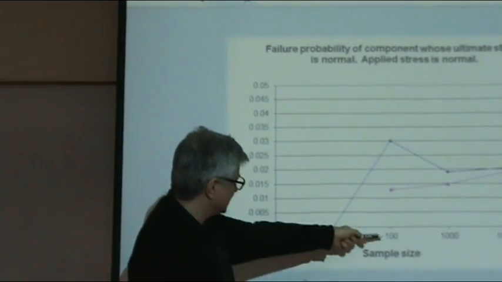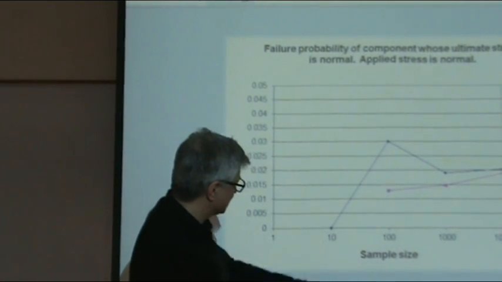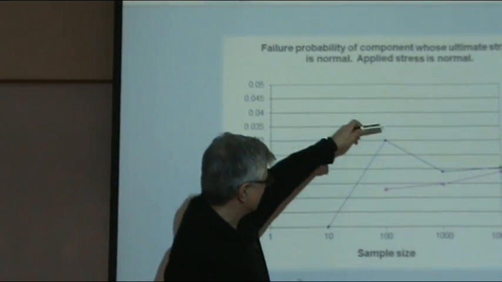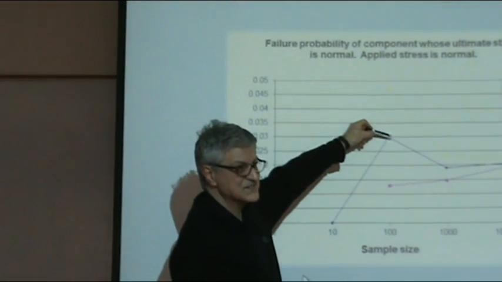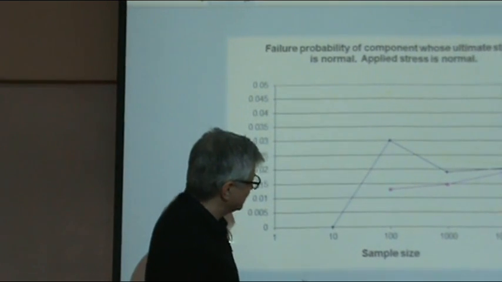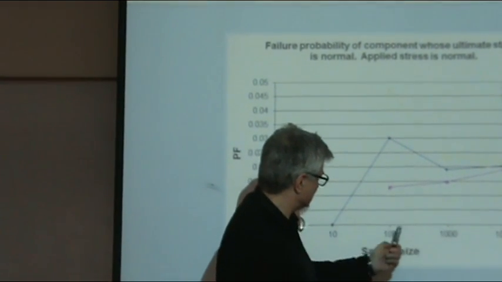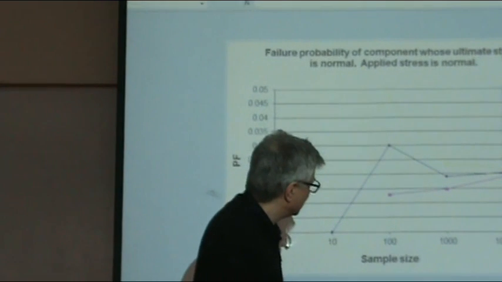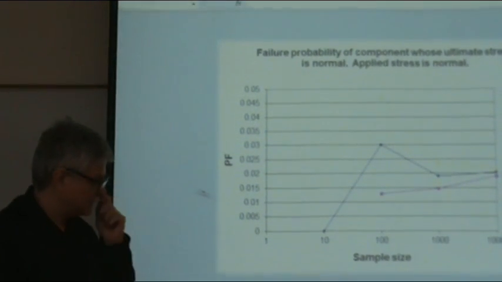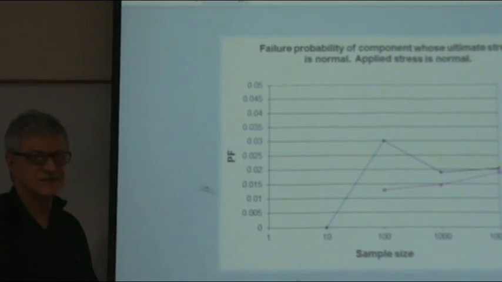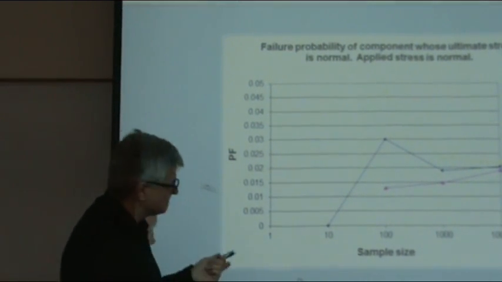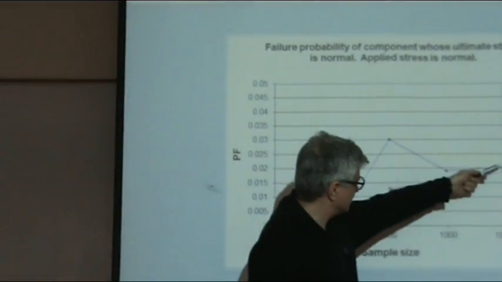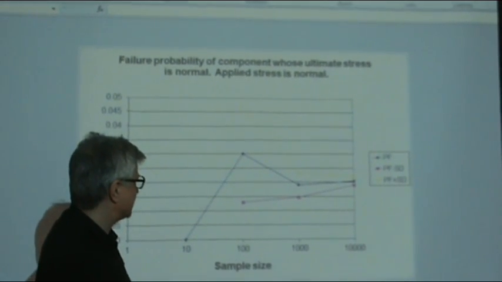Then when we did 100 replications, the estimator of the probability of failure jumped to 3%. And then when we did 1,000, we found the probability of failure of 2%. And then when we did 10,000, we found the probability of failure of almost 2%.